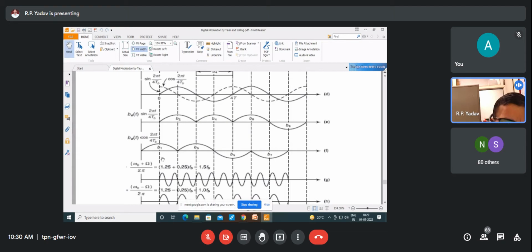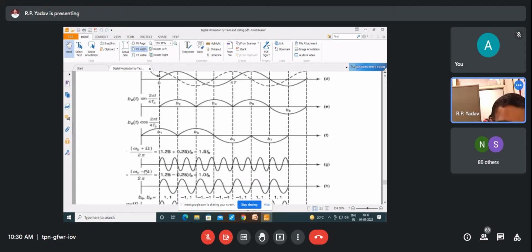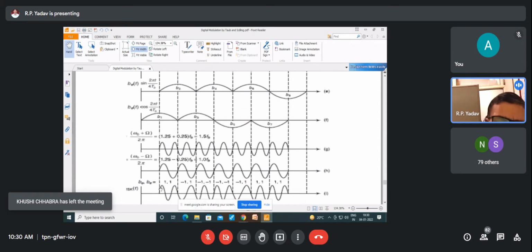And if you look at the two frequency components, omega 0 plus sigma upon 2 pi and omega 0 minus sigma upon 2 pi, these are the two carriers we are using to transmit our even and odd bits. Let's say this is 1.25 FB, that means 1.5 FB.